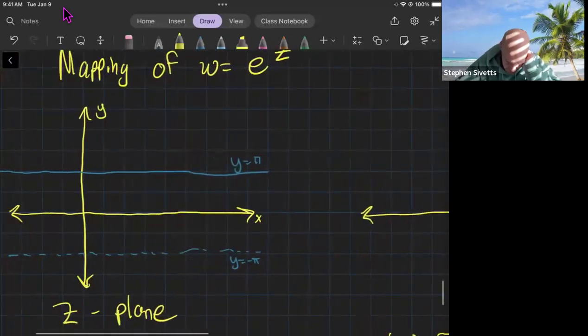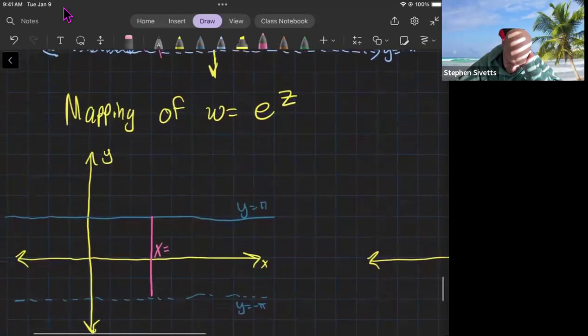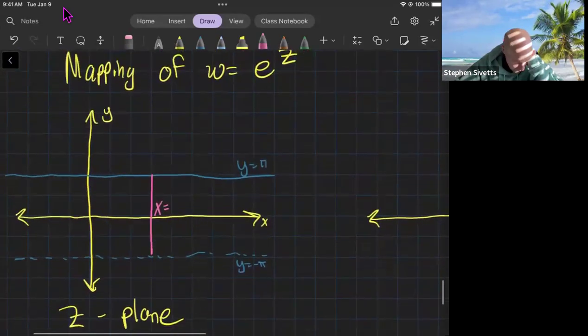Okay, so let's look at what vertical lines look like. So if I look at, say, this line, right?